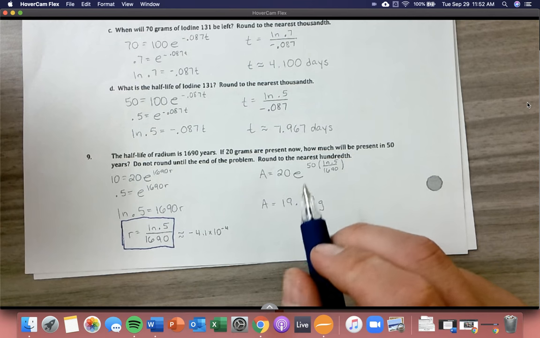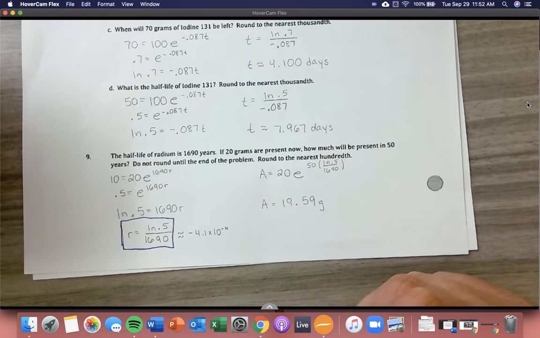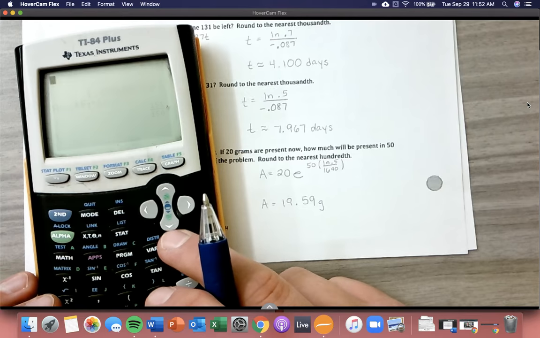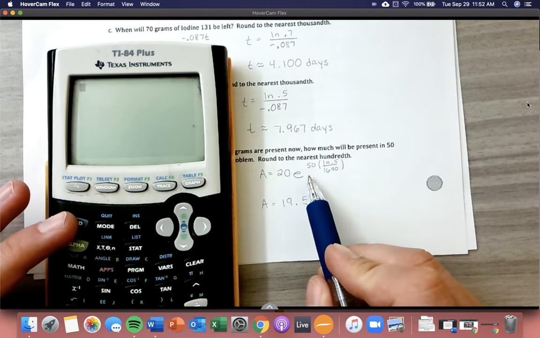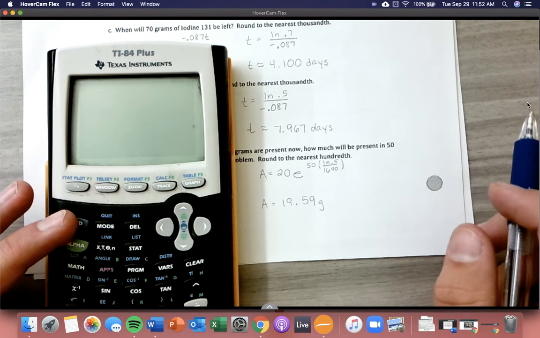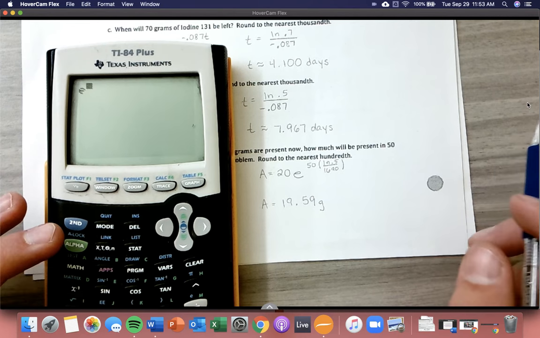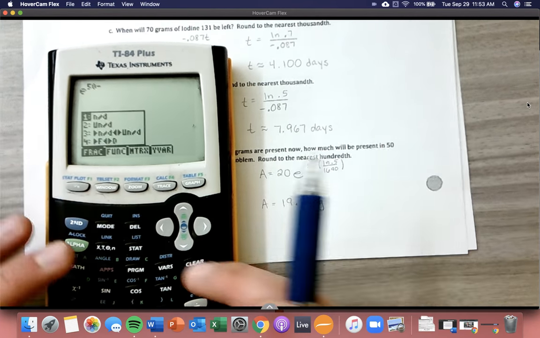We can do 20 times e raised to the 50 times natural log of 0.5 all over 1,690. And I can even show you that. I like to start with the e because it's got the exponent, which means we have to do it first. So we can say e raised to the 50 times, and let's see if this works.